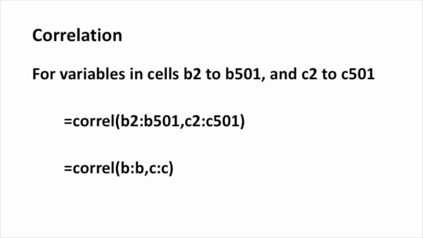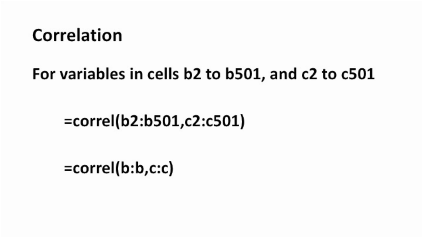So let's say you have a variable that's in cells B2 to B501, and the second variable is in the next column over, in cells C2 to C501. The formula in Excel is =CORREL(B2:B501,C2:C501).